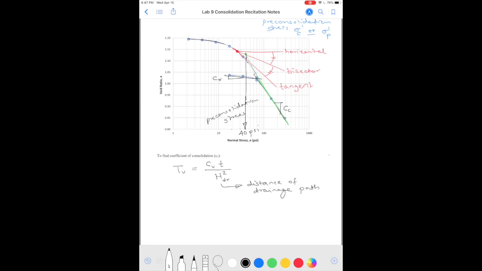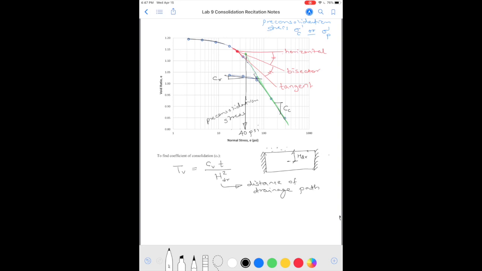So if we have our specimen, of a certain thickness, you know that it can't expand in the horizontal direction, and the only way it can change its height is in the vertical direction. The height of the drainage path is half the specimen height.